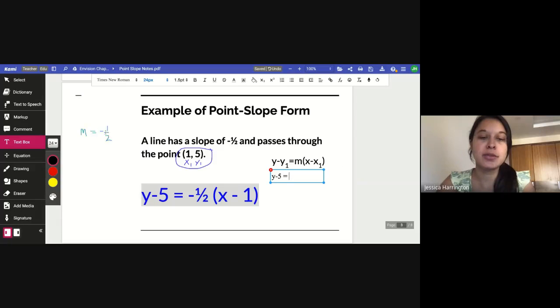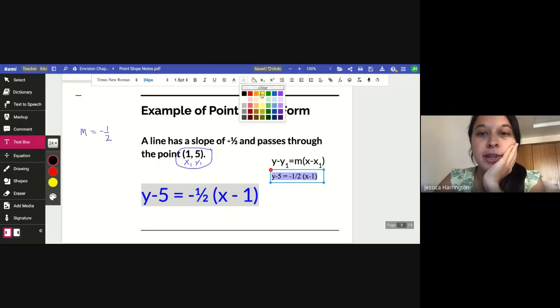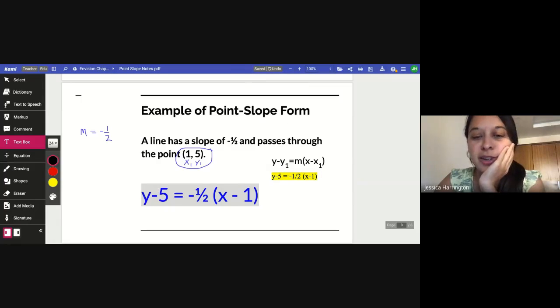Well, m is our slope, which is -1/2. Parentheses, x is just x, take away x1. Well, what's x1? x1 is 1, so x minus 1. So this right here is the equation in point-slope form, which matches what you see down here.